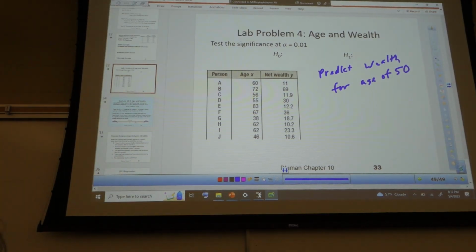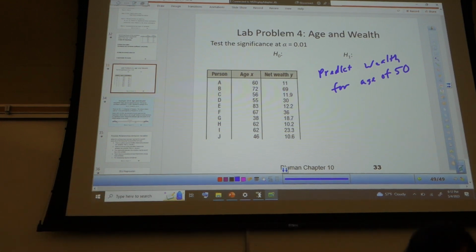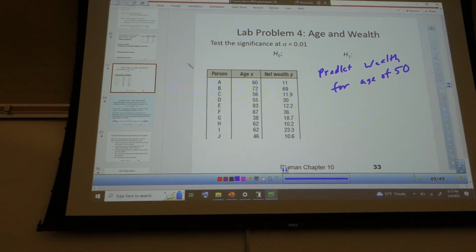Okay, so this one, let's see. What was our A? Negative 3.507. And what was the B? 0.446. So we've got y equals negative 3.507 plus 0.446, which you multiply by 50.